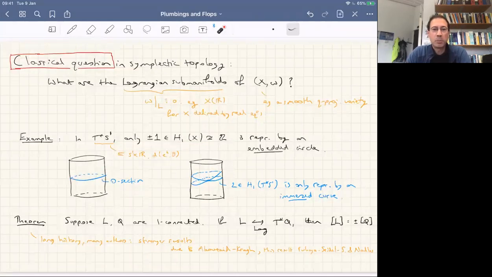In T star S1, I look at the zero section of the cotangent bundle. It's an easy topological exercise that this generates the first homology, Z, of the cylinder. But if I take twice the generator of the first homology, then I can only represent that by an immersed curve. I can draw a figure 8, and similarly I could draw curves that wind some number of times around the cylinder.